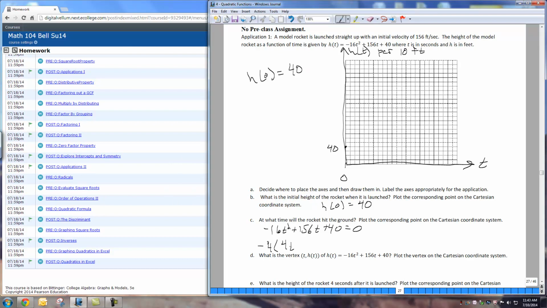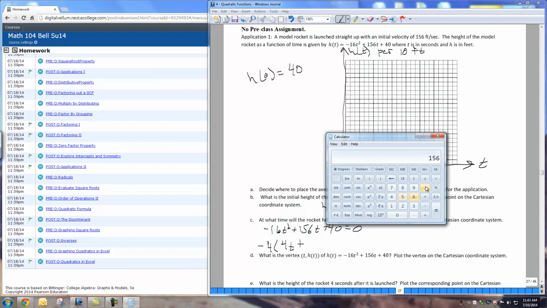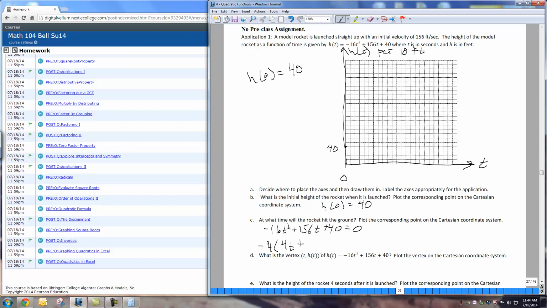So we got 4t squared plus 156 divided by 4, 39t, plus 10 equals 0. Now I can divide both sides by negative 4 and basically just get rid of that negative 4. I don't need to consider it when I'm solving for t. So now I need to factor this 4t squared plus 39t plus 10.